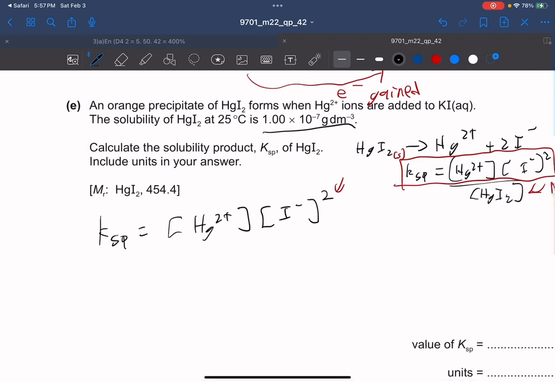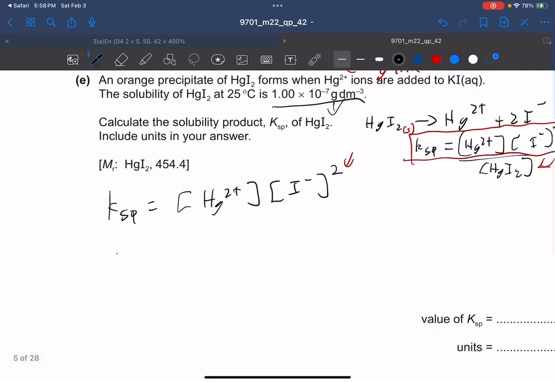Basically what the solubility of HgI2 here says is that for each mole of HgI2, you're going to get this much. So I think it's going to be much easier to understand when I draw it out.